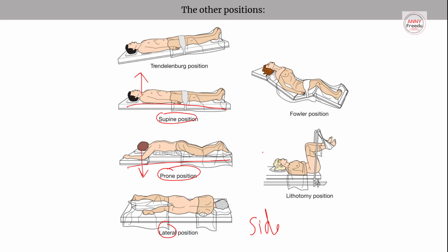We call that, for example, right lateral position or left lateral position. So we can say that the patient is positioned in right lateral position or left lateral position. Other positions that we have here are not relevant for the scope of this video, so ignore them for now.